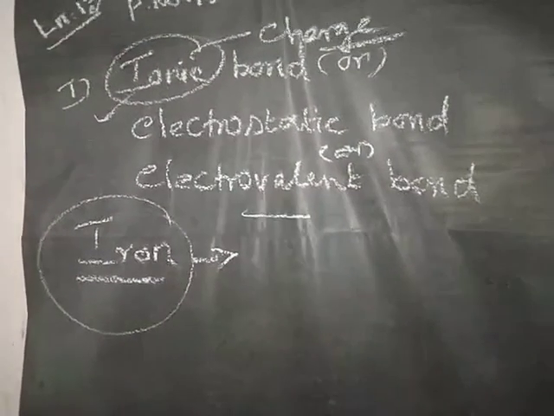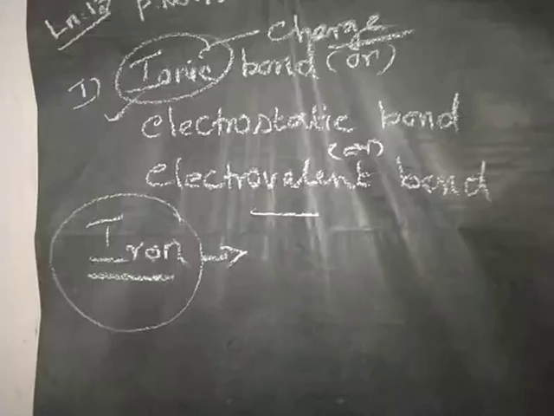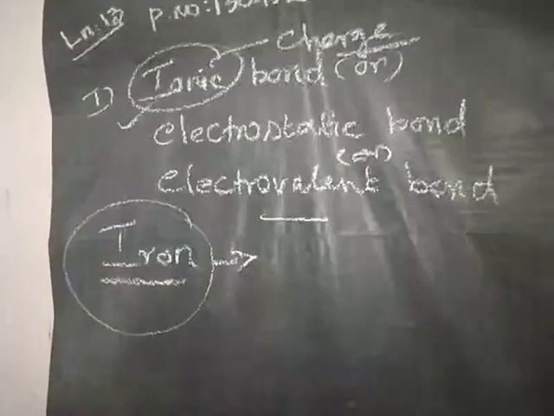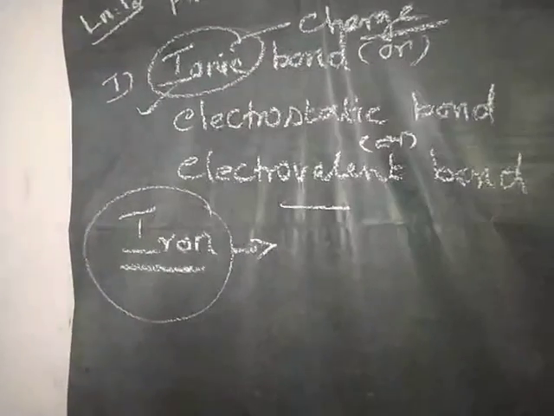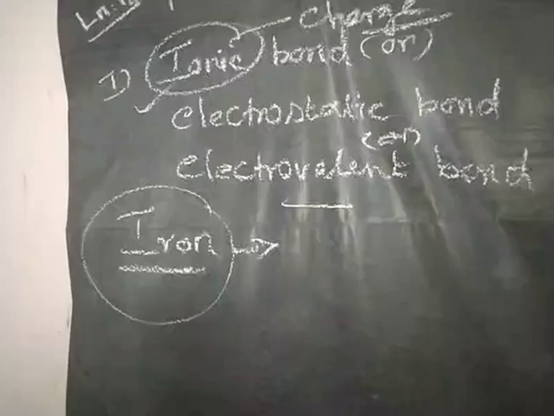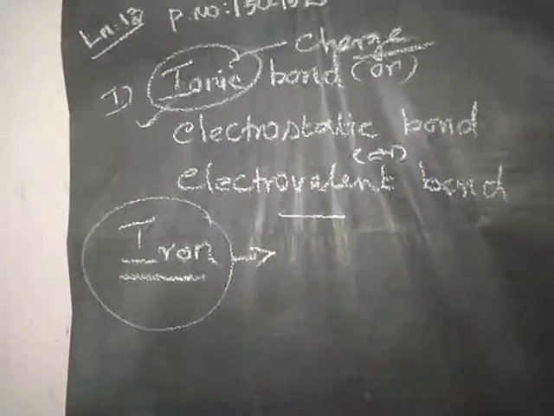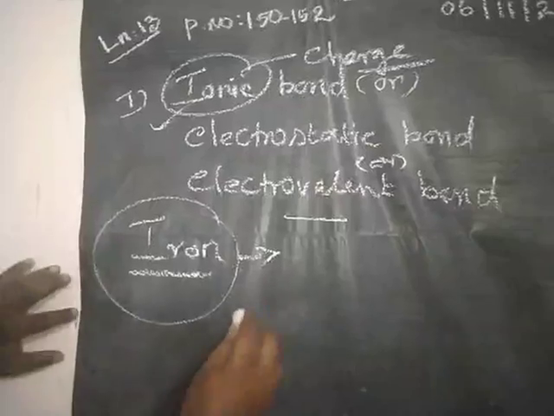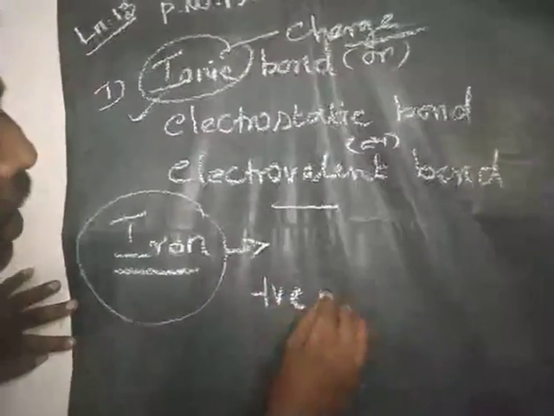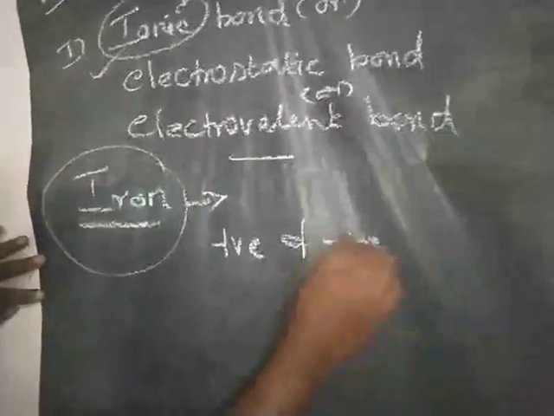An ionic bond is a chemical bond formed by the electrostatic attraction between a positive ion and a negative ion.